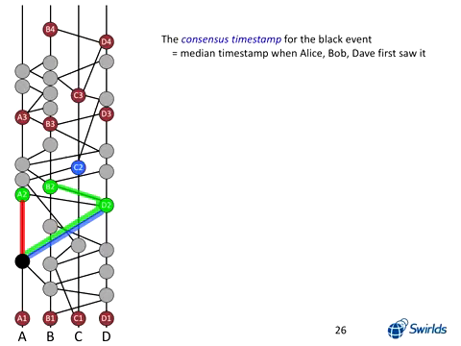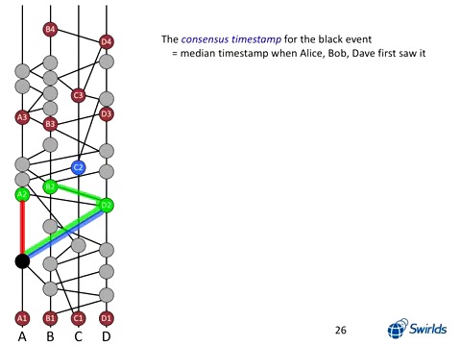So that gives us 3 different opinions on when the black one was received by the universe. And we just take the median of those 3 times, and that is the median timestamp. That's the consensus timestamp. So what we say is, when did the black one occur? When was it received by the community? It was received at whatever the median of those 3 times is.